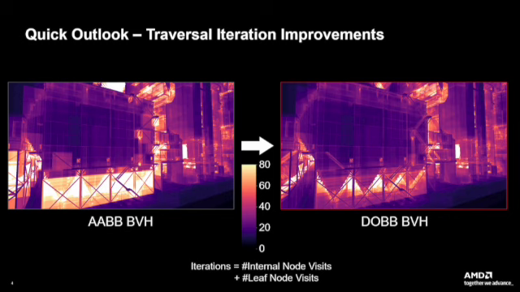A quick outlook to what we are getting at with our approach: you can see on the right image here that you have the bright spots, which are the iterations. It boils down to the number of internal node visits or leaf node visits aggregated, and you see the expensive regions there. What we wanted to get at is reduce those expensive regions, bring down the number of iterations that you need to take per ray, and also increase the traversal speed, and we wanted to find out if that's possible.